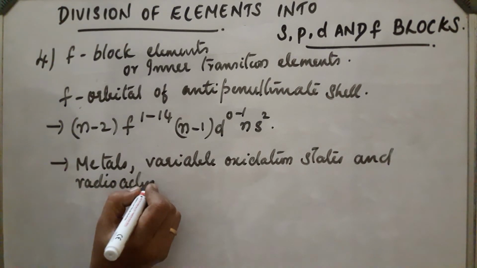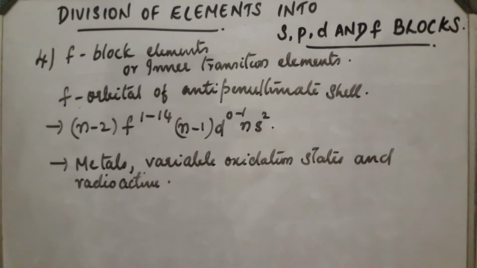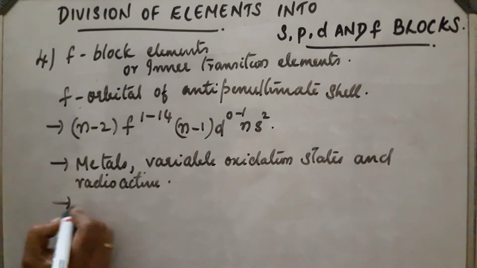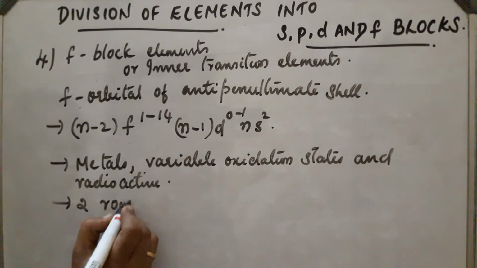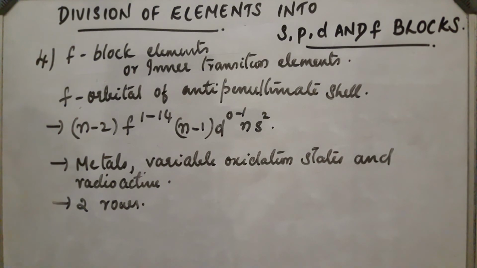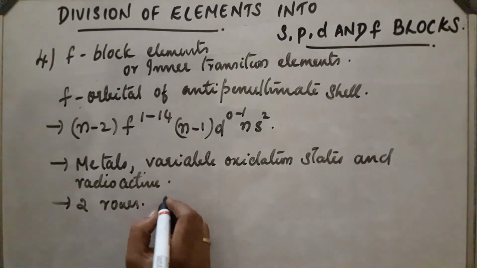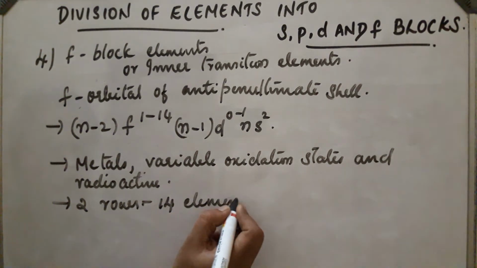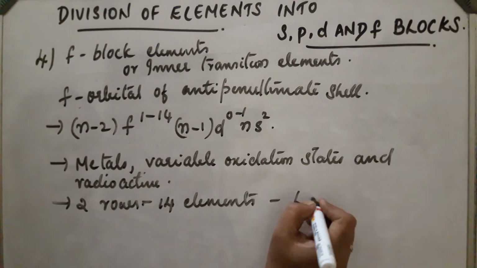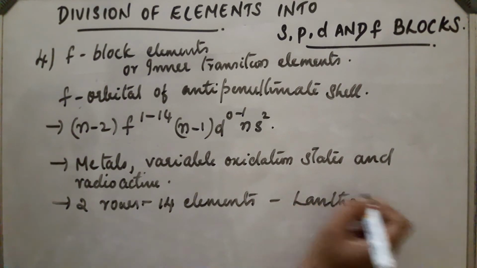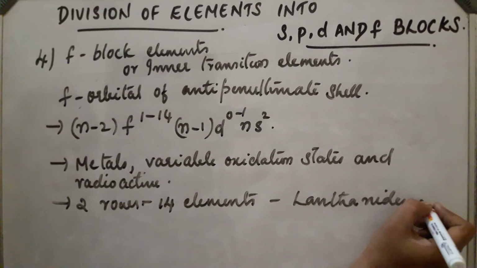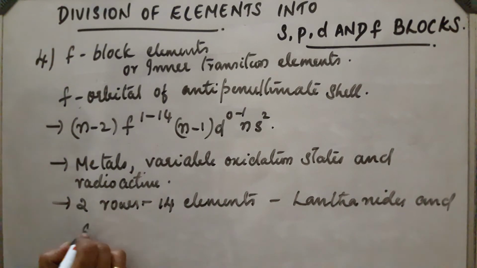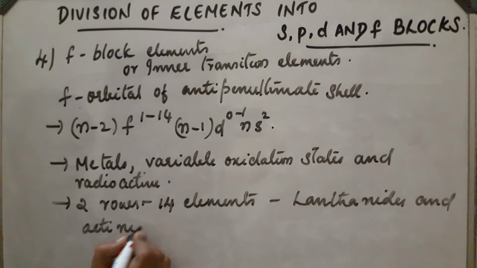This block consists of two rows which are separately placed at the bottom of the periodic table, and these two rows contain 14 elements each. They are called lanthanides and actinides.